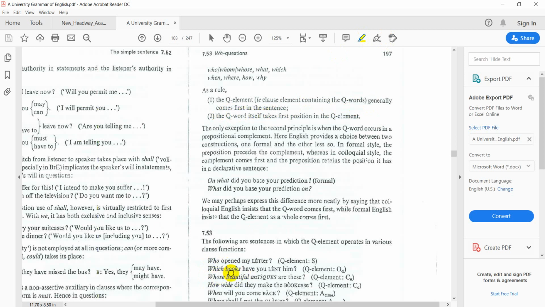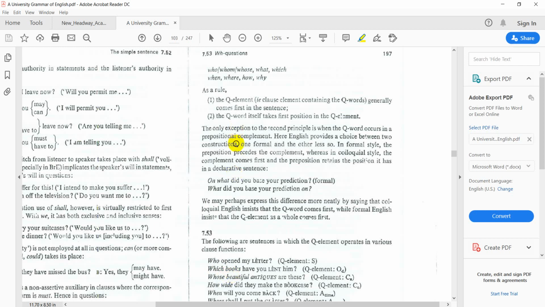Which books? Both come in initial position. Second, the Q word itself takes first position in the Q element. So if I have this Q element, which books, it is not correct to say books which. No, the WH word should come first, and then the other element.